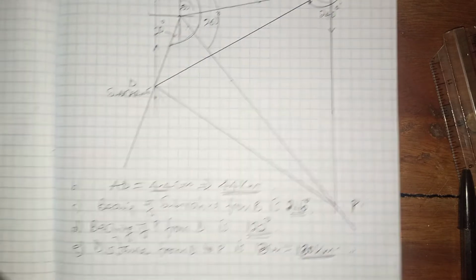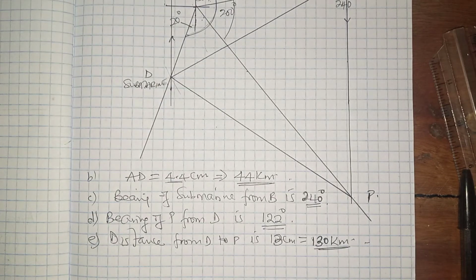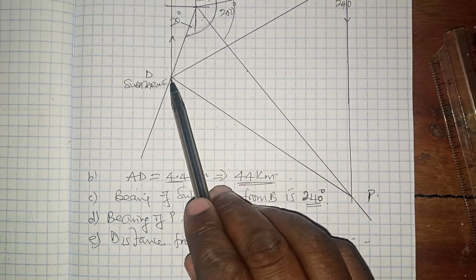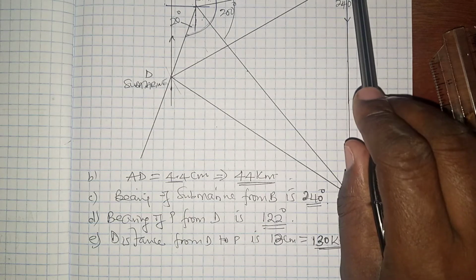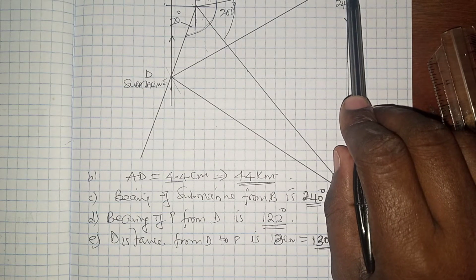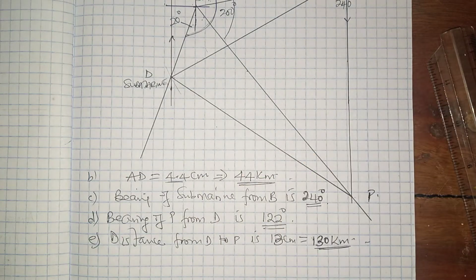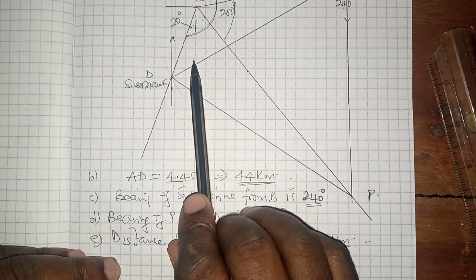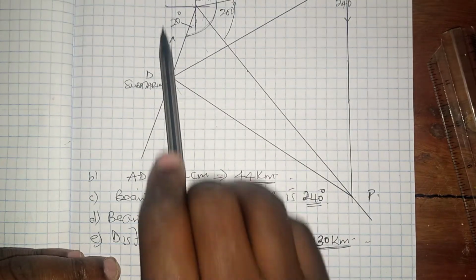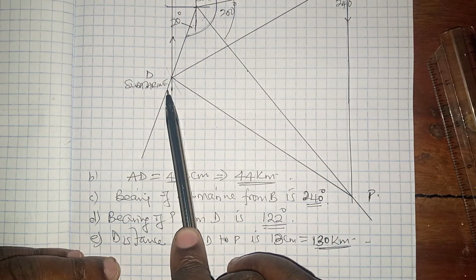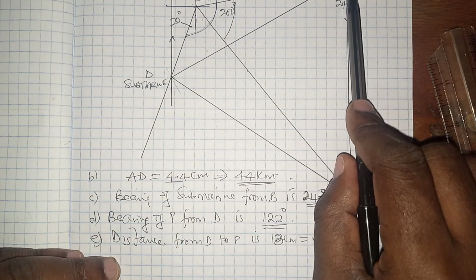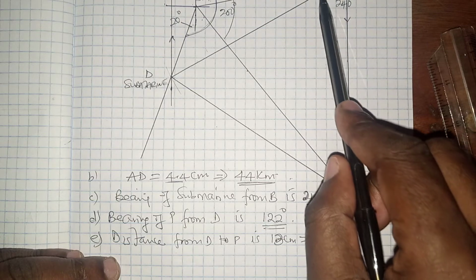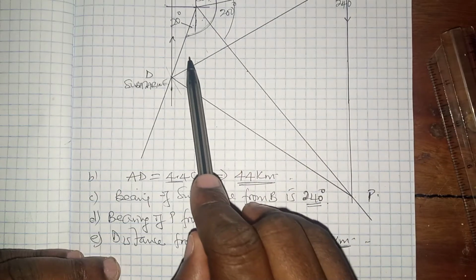Part C of the same question is talking of the bearing of the submarine from the ship when the ship was setting off from B. In other words, the bearing of the submarine from the ship, or from point B. It is simply the bearing of D from B. Now, we have to have a true north here, and this angle here has to be alternate with this angle here.